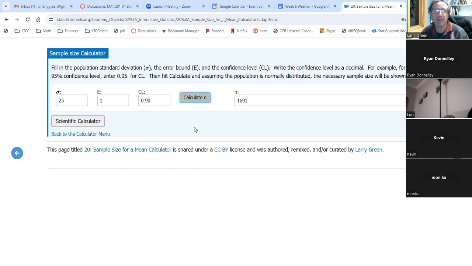Any questions on using the sample size calculator when you're talking about means? Okay, so again, if you don't have a sigma, you can't do it. You always have to get a guess for a sigma. And often that's either from just what makes sense, what do you think it might be off by, or by doing a preliminary study.